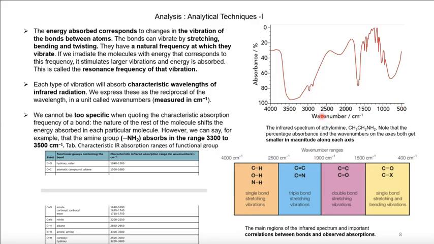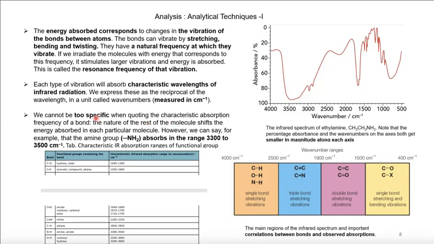One more thing: both scales go to lower values here and lower values here. You have to remember that. Energy of the bond corresponds to that. And the unit we use for wave numbers is centimeter inverse, and the absorption percentage.